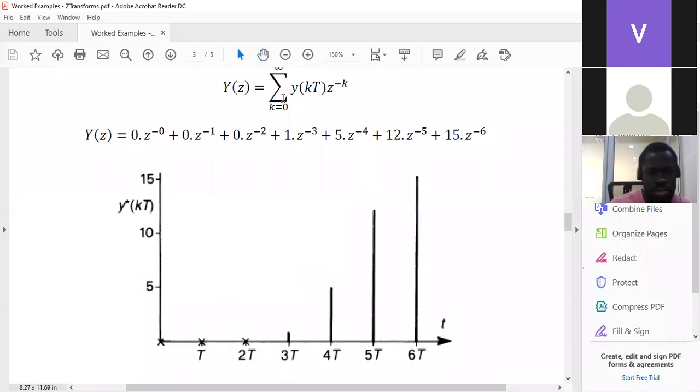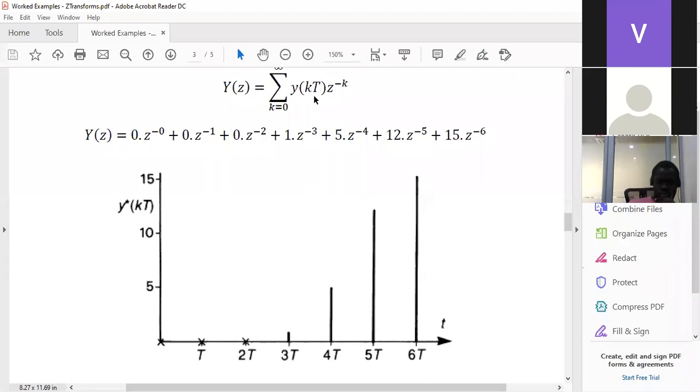It's actually y of kt on the graph because for discrete time signals, when I started this class, I said that the independent variable on the x-axis is an integer. So it has to be an integer. Thank you for this question, Chidima.